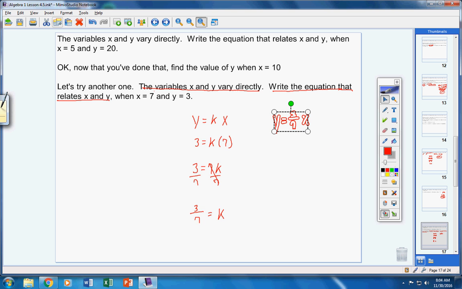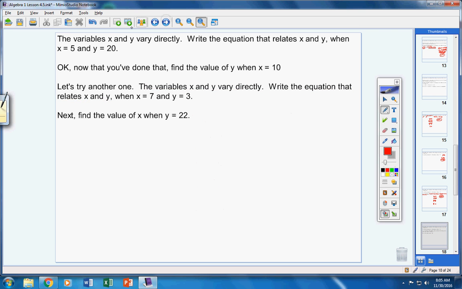That is my constant of variation. Alright? Now moving on. I'm sorry guys, that's wrong. Sorry. This is my direct variation equation. Did I write an equation that relates x and y? You bet I did. It's right here. There's my equation. Anytime I ask you to find a direct variation equation, find the constant of variation first and then simply plug it in.